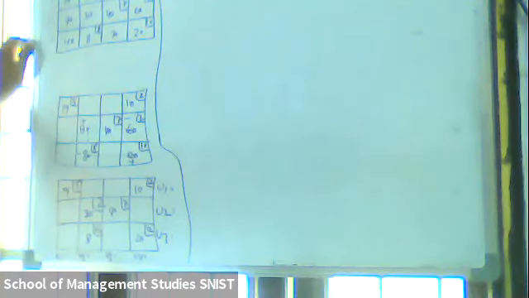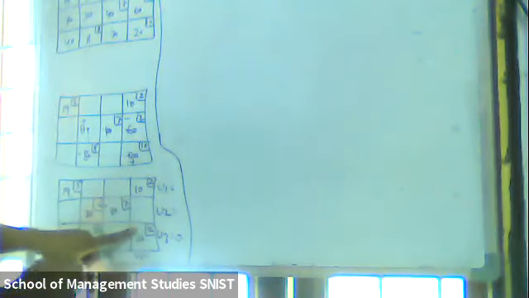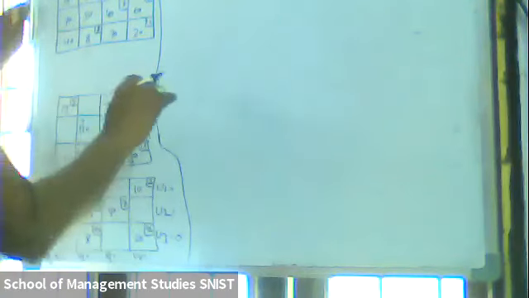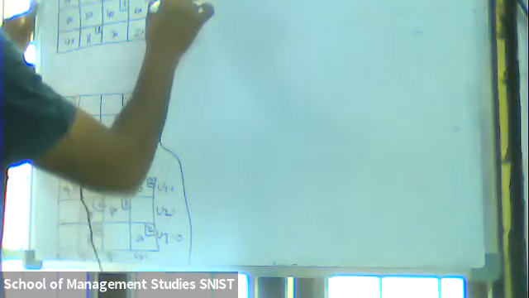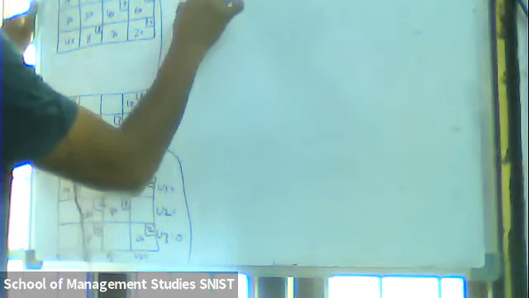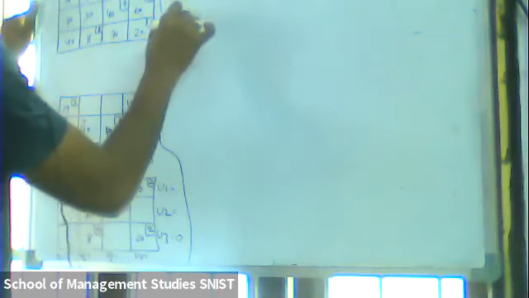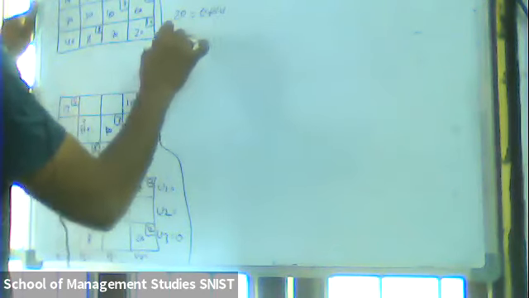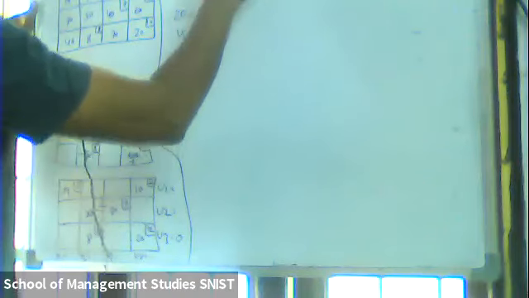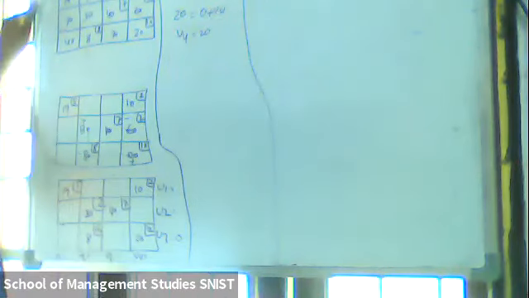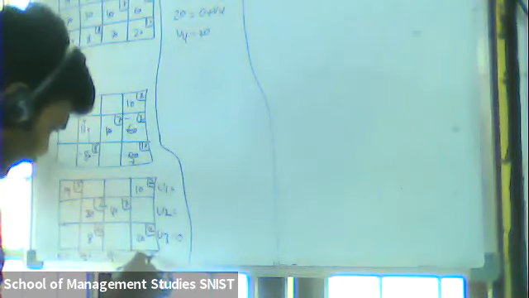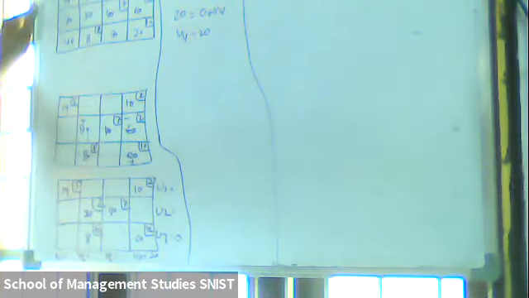Yes or no? So I'm assuming u3 is 0. First you are going to find out this. Of course, even though we are going to get these values the same, once again I'm explaining to you. x34 is equal to u3 plus v4. x34 is 20, u3 is 0 plus v4, then v4 equals 20. Yes or no? Are you following? Yes, sir.